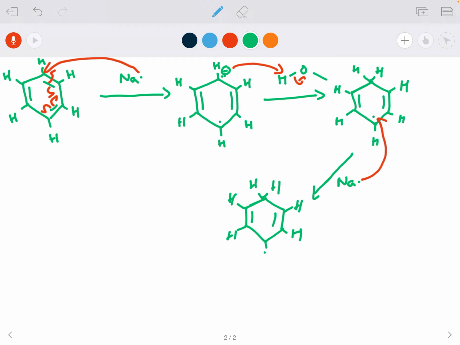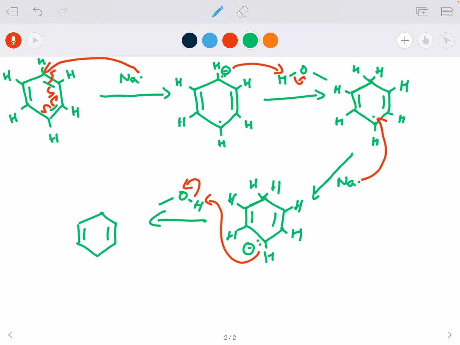The last step will be the same as step 2. My lone pair will deprotonate methanol. And I will end up with my final product, cyclohexadiene.